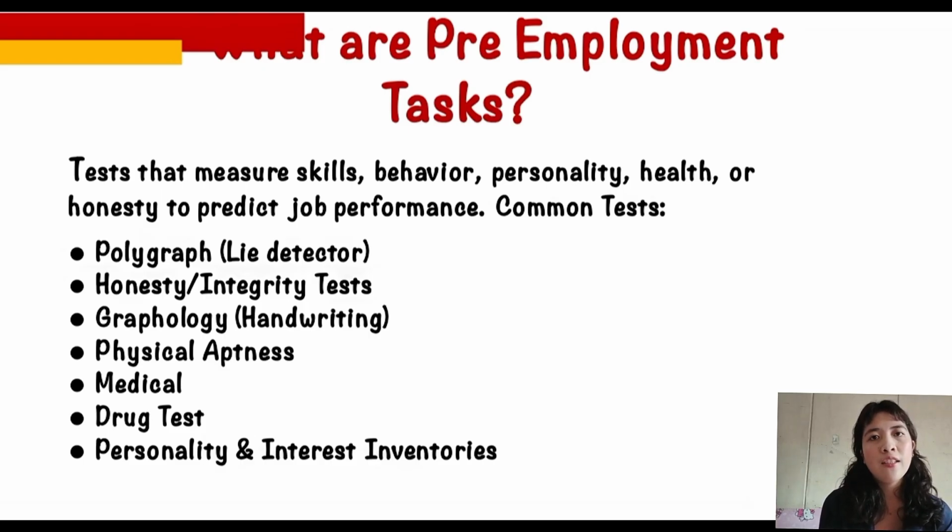These measure honesty, skills, and behavior to get objective data. Tests must match the job. For instance, a heavy lifting job needs a physical test. A sales job needs a role play or ethics test. Tests make selection fairer and more reliable. Let's go through them one by one.